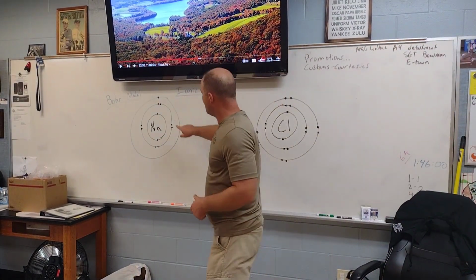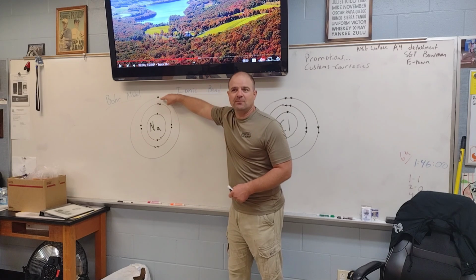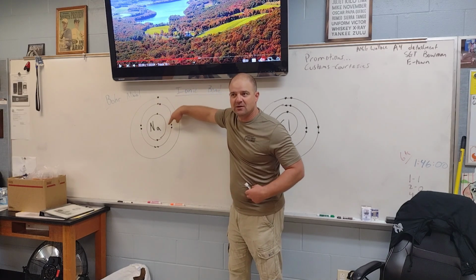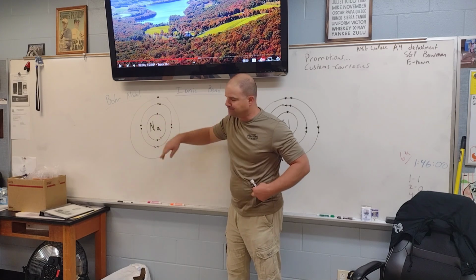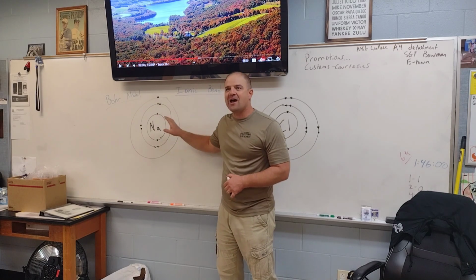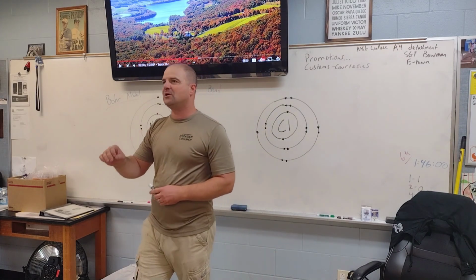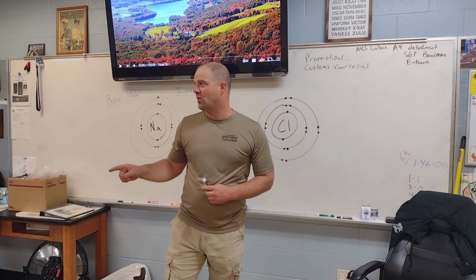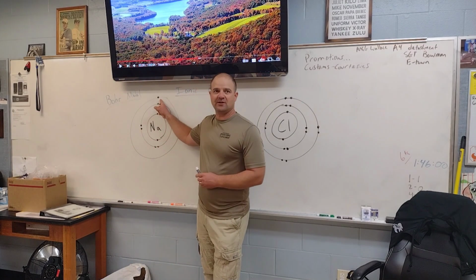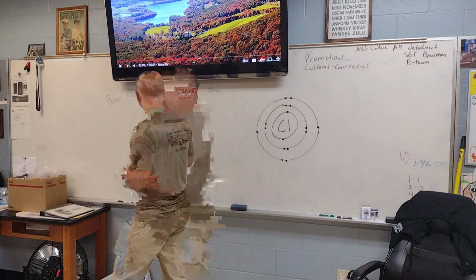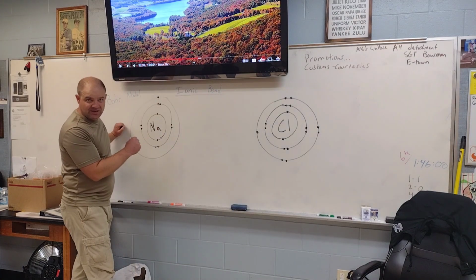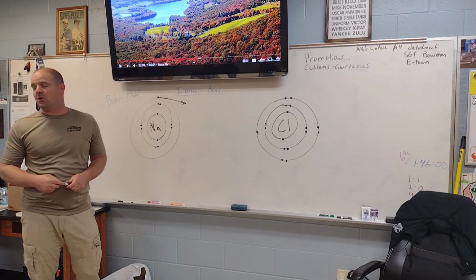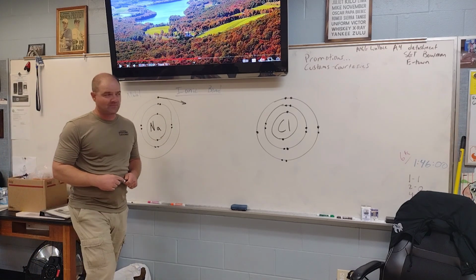So if sodium lost this one, it would just have these two rings, and it would have the exact same electron configuration as neon, a noble gas. So it would be completely stable if it got rid of this. If sodium were a person, it'd be actively looking to dump this electron. I can't wait, I want to get rid of it.